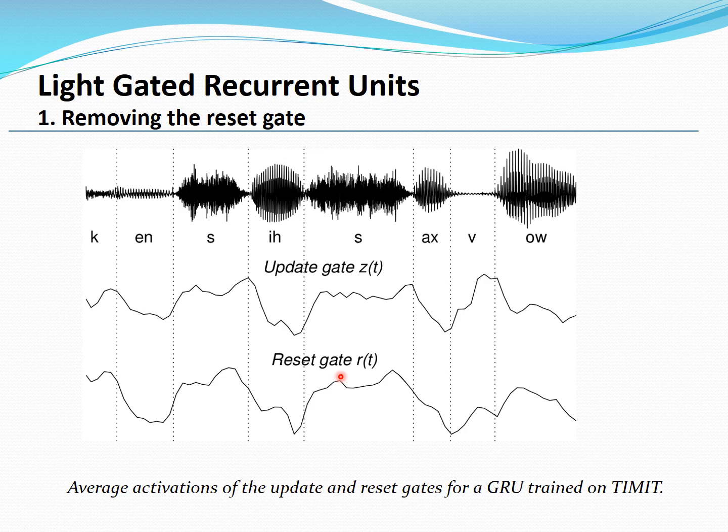And starting from this observation, we have decided to remove the reset gate. Of course, removing the reset gate has an impact on the computational complexity, because in this architecture we only have one multiplicative gate rather than the two which are present in the standard GRU architecture. And we have also observed, as we will see in the last part of this talk, that this does not affect at all the performance of the system.